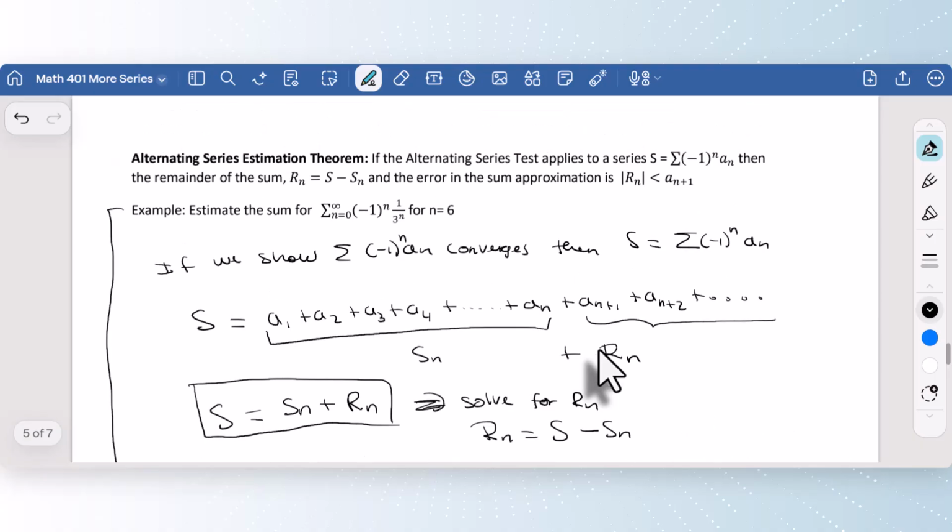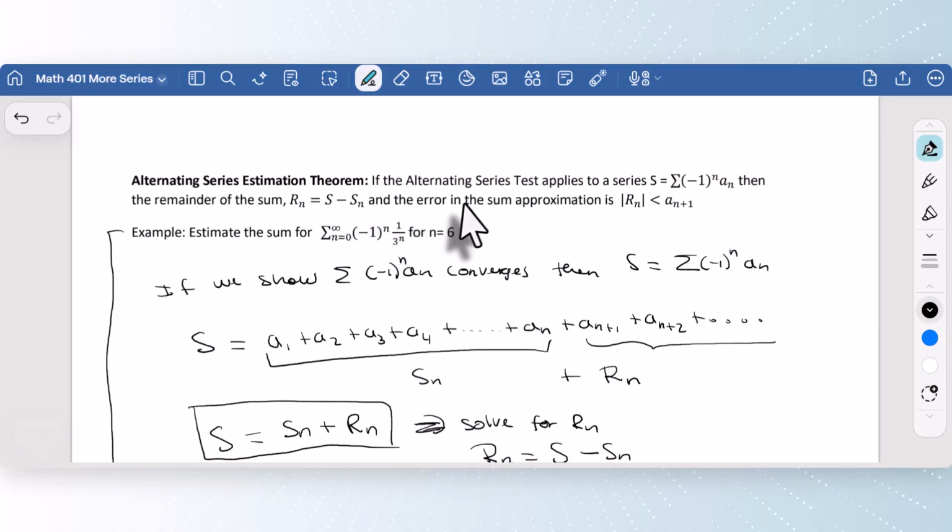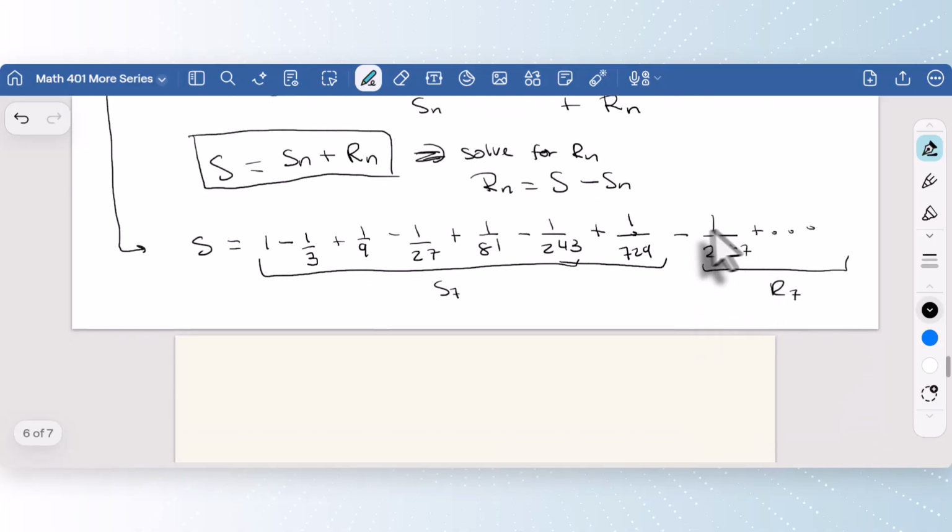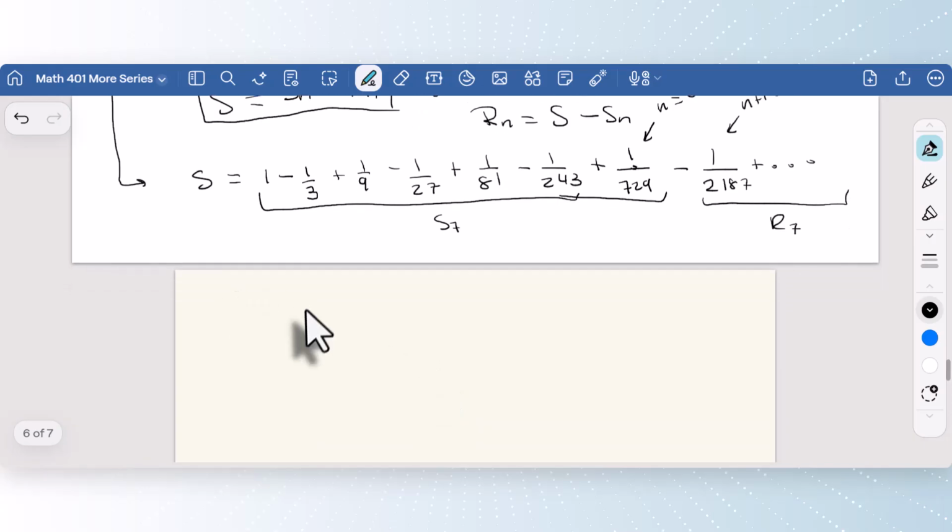Now notice in this theorem, it says the error in the sum approximation is Rn less than a(n+1). So that's why I went to the next one, right? This is my n equals 6, and so my n plus 1 is this one. So n plus 1 is 7. So I know that the error in the approximation, R7, is less than 1 over 2187, because we're doing the absolute value.